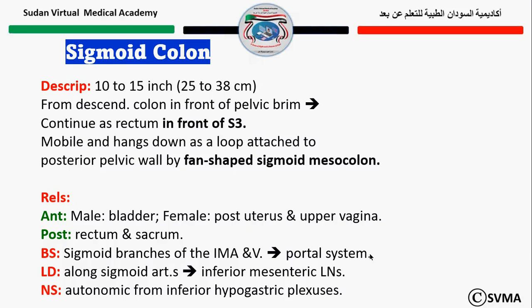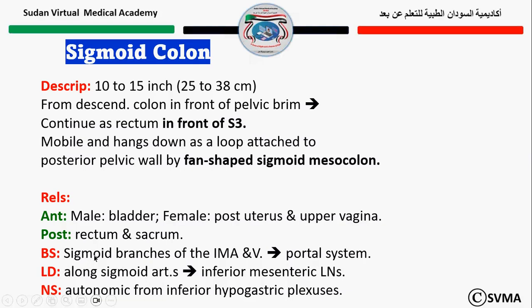Blood supply: the sigmoid colon is supplied by the sigmoid branches of the inferior mesenteric artery, and the veins go back to the inferior mesenteric vein. The inferior mesenteric vein drains into the portal system, which we will study in the abdomen. The lymphatic drainage always follows the arterial supply, so it follows the sigmoid arteries to the inferior mesenteric lymph nodes. So if you see here, the arteries, veins, and lymphatics go together.